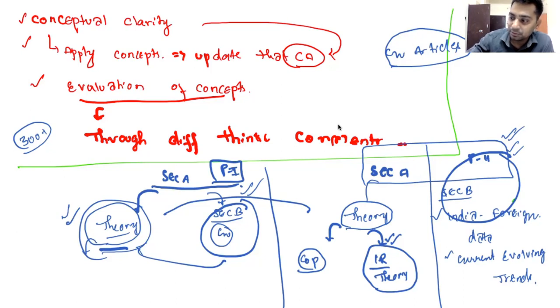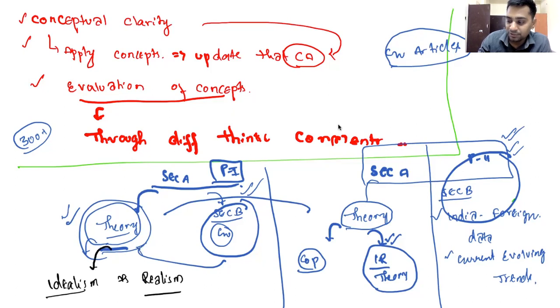How can we relate? Let's try to understand this. Say, for example, you are studying idealism versus realism. These are theories. In theory we have to understand what idealism is, what realism is, who the thinkers are who propounded idealism, and what the various dimensions are that idealism and realism contain. This is theory.